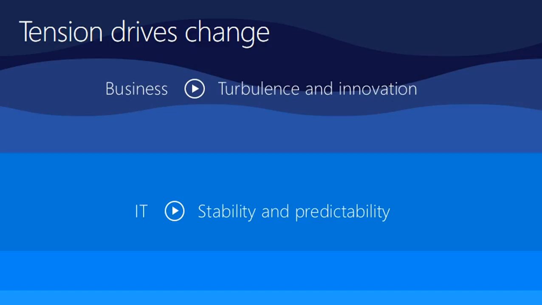So we all know that there is a fundamental tension going on right now that is driving a lot of change in organizations. There's a fundamental tension between what the business actually needs and how central IT needs to be able to enable the needs of the business. Business is moving faster today than ever before, and people need to react more quickly to changing dynamics in the marketplace.